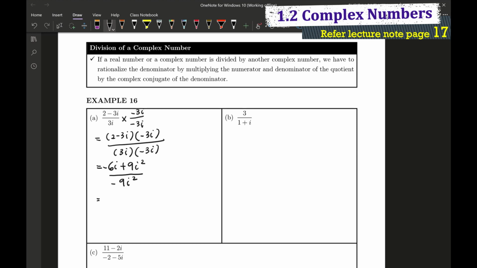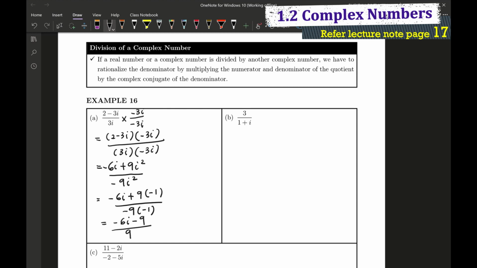By definition, from our previous page, i squared equals -1. So negative 6i plus 9 times -1 here, and down below also -1. So now we get negative 6i minus 9 over 9.